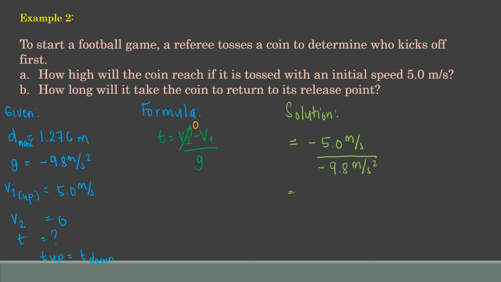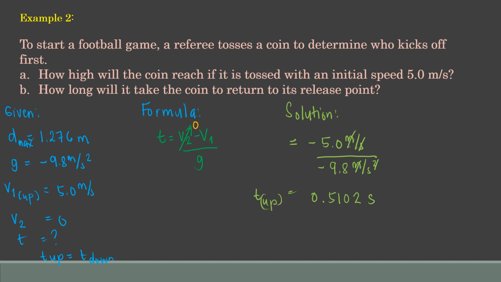Let's cancel meter and meter, seconds and seconds squared. If we divide 5 by 9.8, we would have 0.5102 seconds, expressed in 4 significant figures. This 0.5102 seconds is actually the time that it took the object to go up.